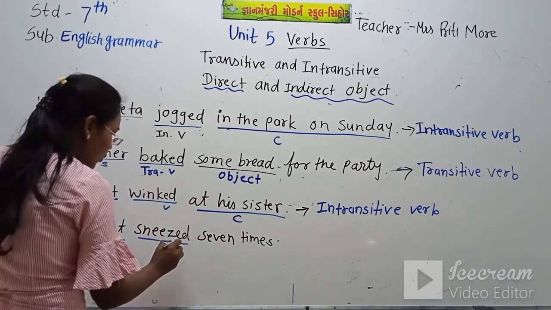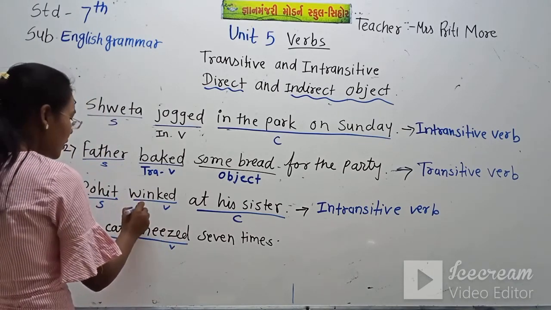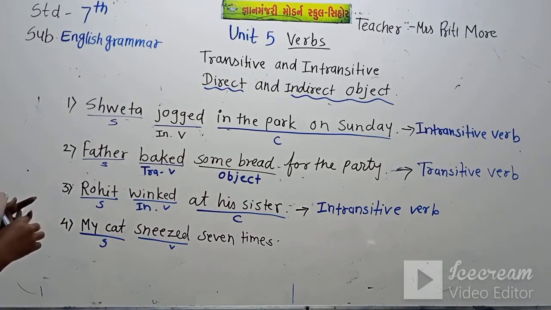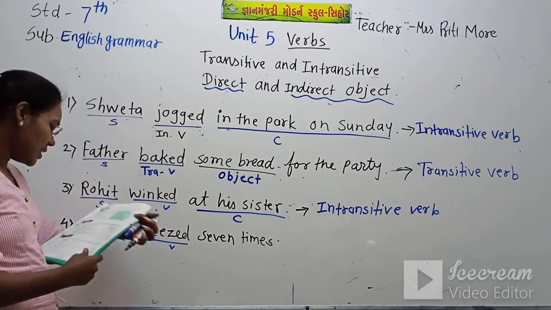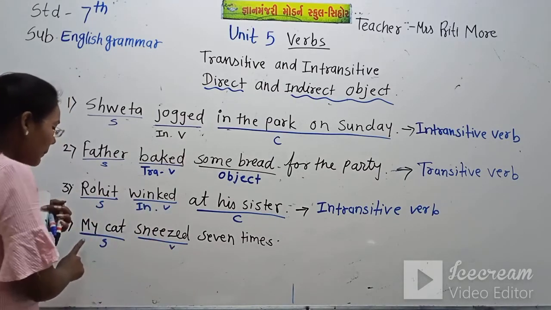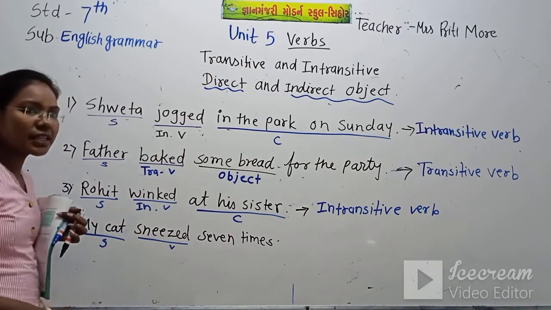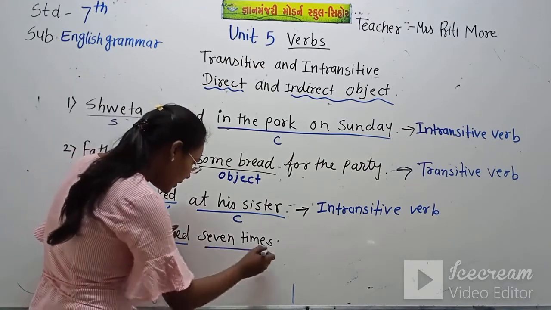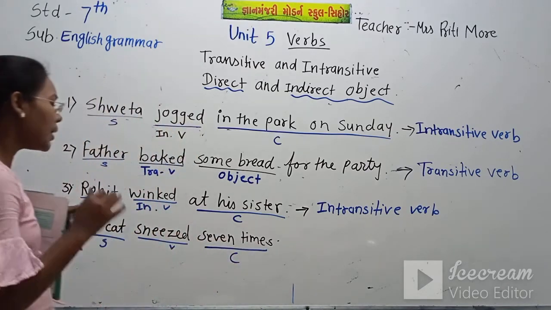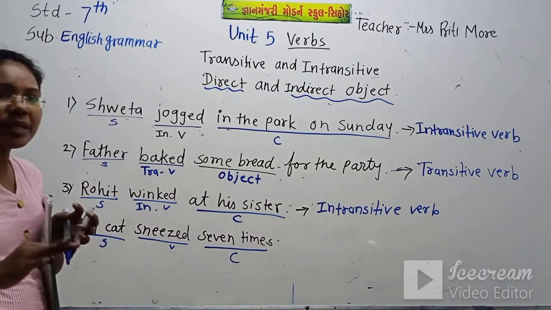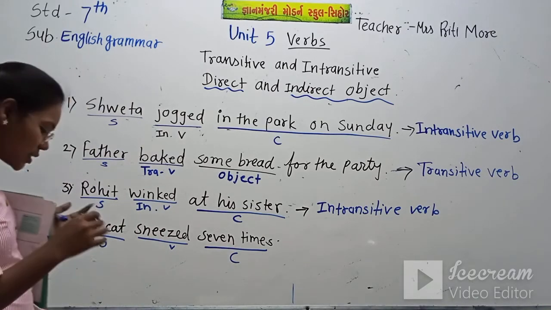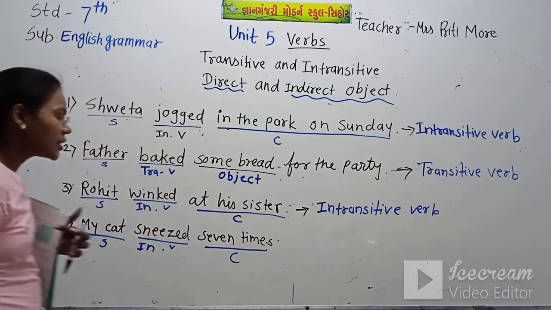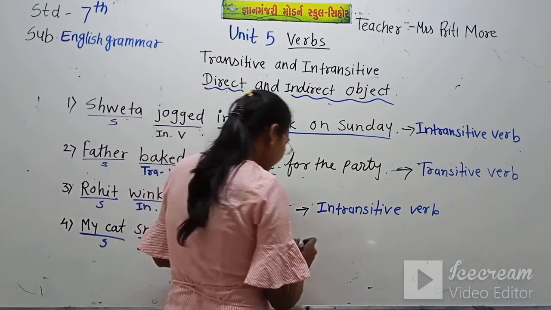The subject is my cat, sneezed is the verb, but which verb is it? An object is not there. This is the complement, but this sentence looks complete, it makes sense. So this is also an intransitive verb. So I write here.